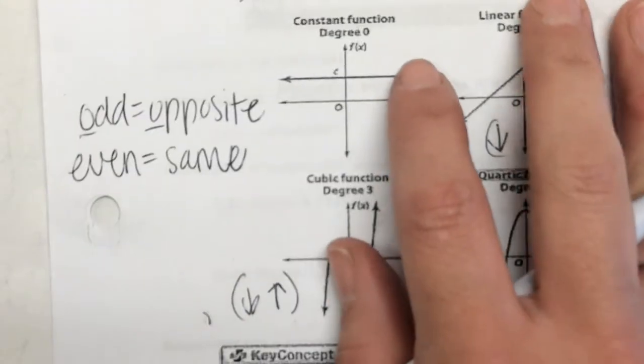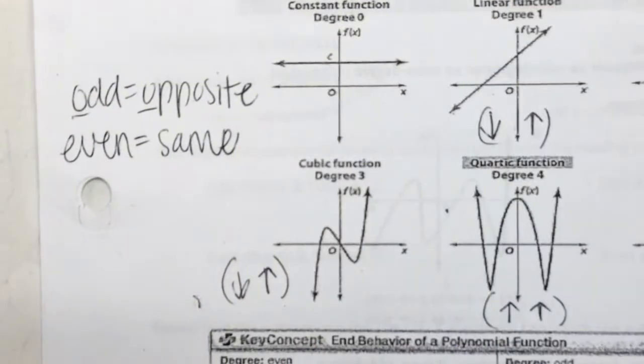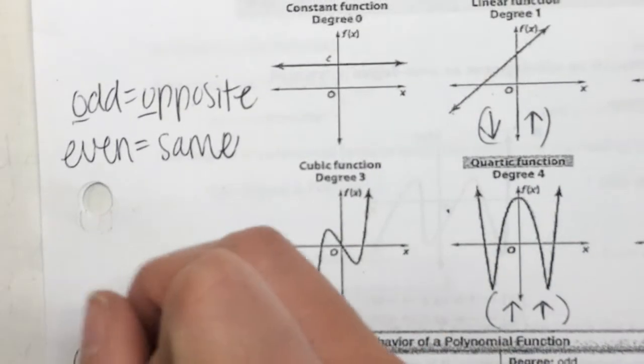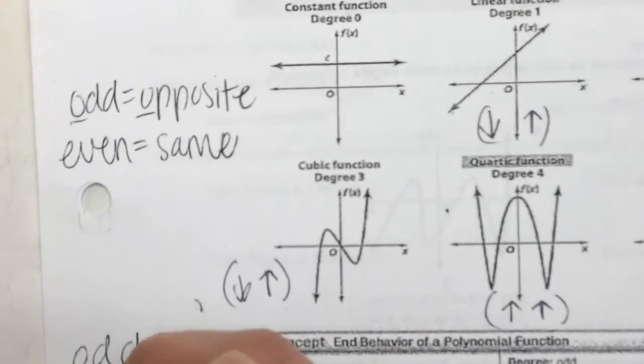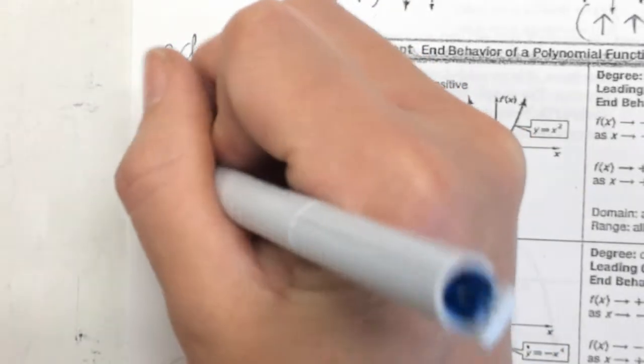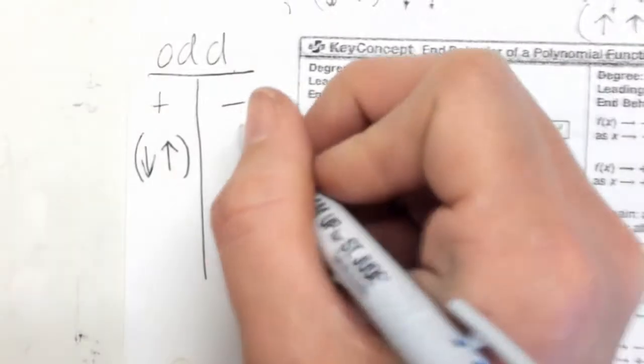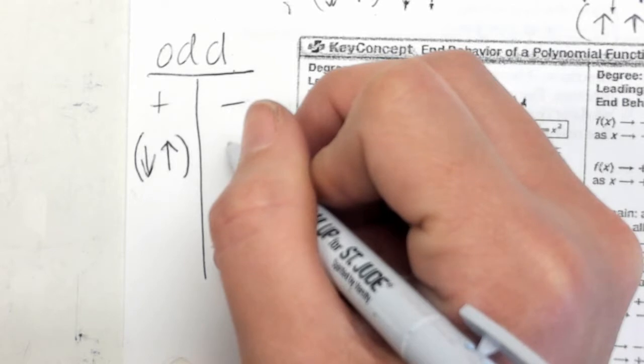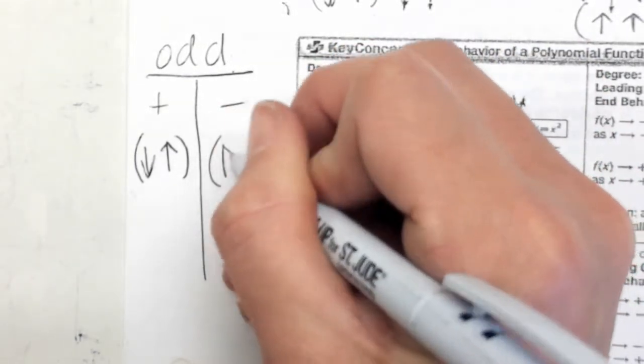Now the leading coefficient comes into play, okay? So let me write this over here. If it's odd and has a positive leading coefficient, you're going to start from the bottom. Start from the bottom, okay? So it's going to start going down, then up. But if it's negative, it's going to be the opposite in behavior. It's going to start up, then go down.